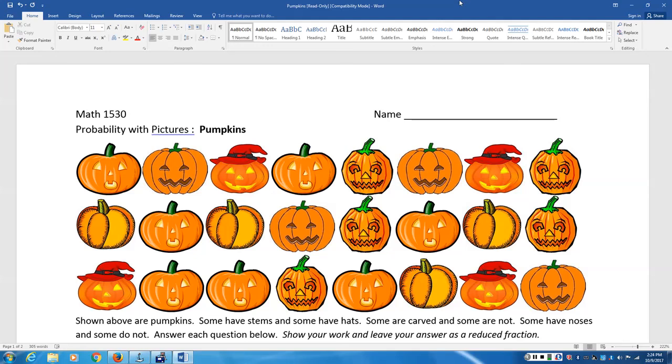Now I'm going to count noses. 1, 2, 3, 4, 5, 6, 7, 8, 9, 10, 11, 12, 13, 14, 15, 16 noses. Add those two together.